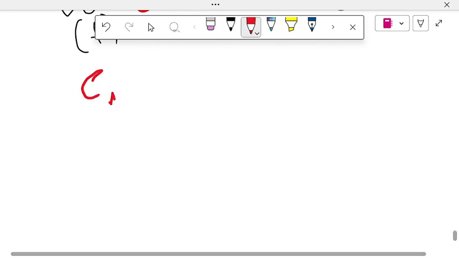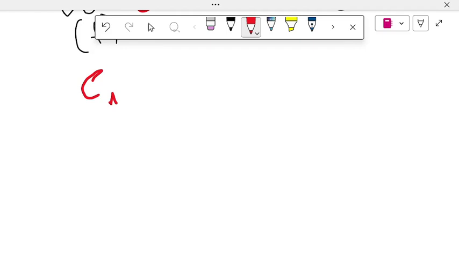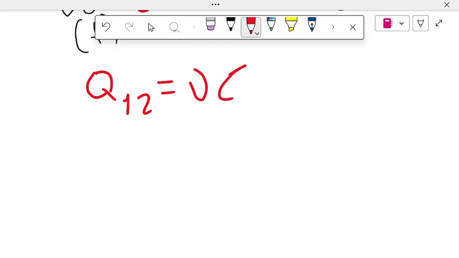So, heat to the system is, let's say, that heat 1, 2 equal to a constant value.